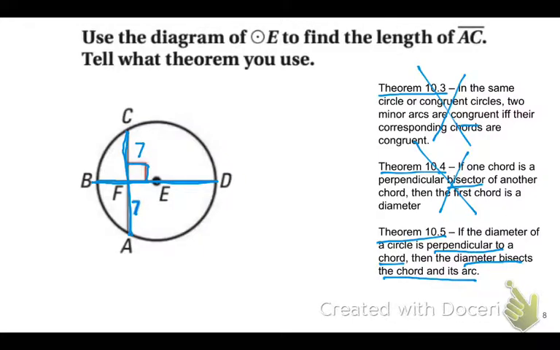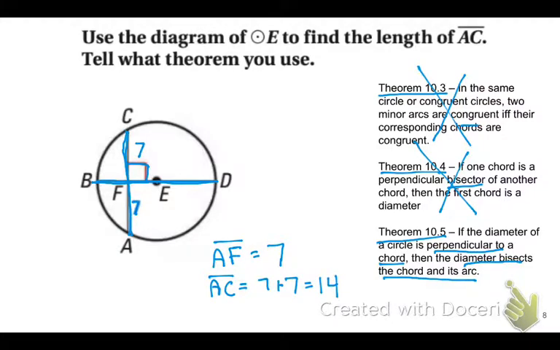So the length of AF is equal to 7, and we know FC is equal to 7. So the length of AC is equal to 7 plus 7 equals 14.